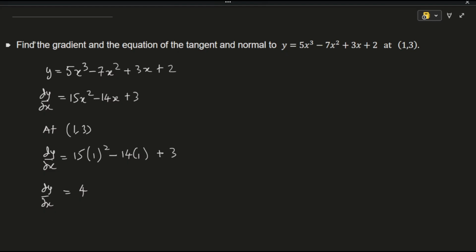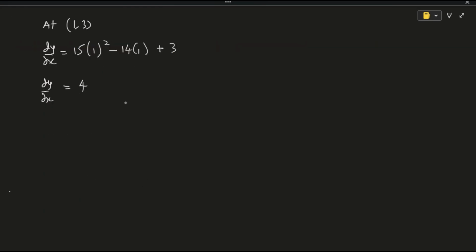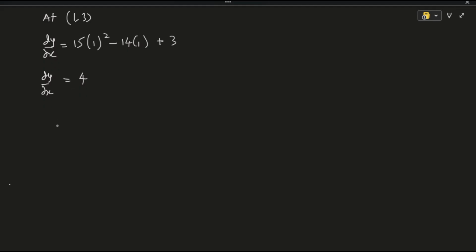So from the question, we are supposed to find the gradient. So the gradient of this function at this point is 4. Now, if we are to determine the equation of the tangent at the point, would mean that straight line that touches the curve at the point 1, 3. So we're going to apply the formula which is used to determine the gradient of the straight line.